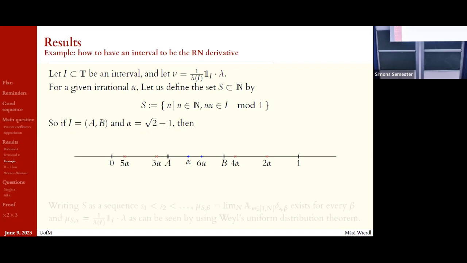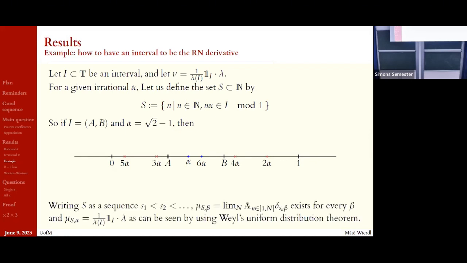Then we just consider the first 6 multiples of alpha, and those which are in the interval AB are considered, and those which are outside are not considered, and that's why they are crossed out with a red X.